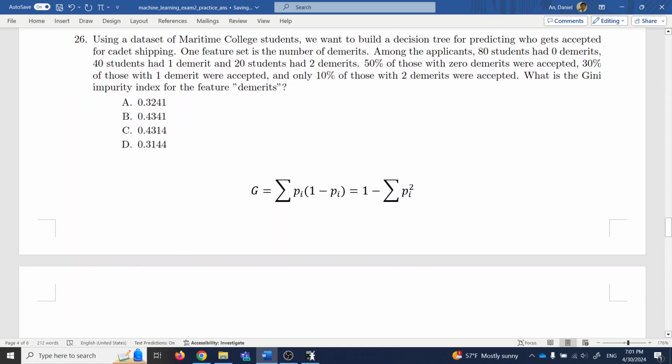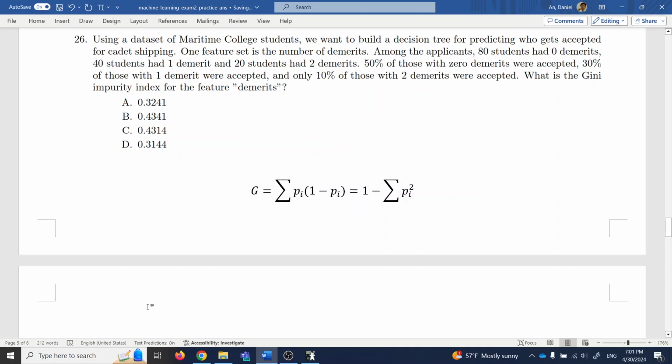And we have to calculate this Gini impurity index for each of these groups, and then take a weighted average because the sizes of these groups are different, to get the final Gini index.